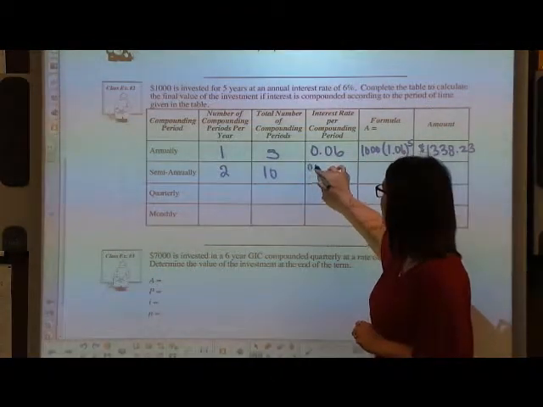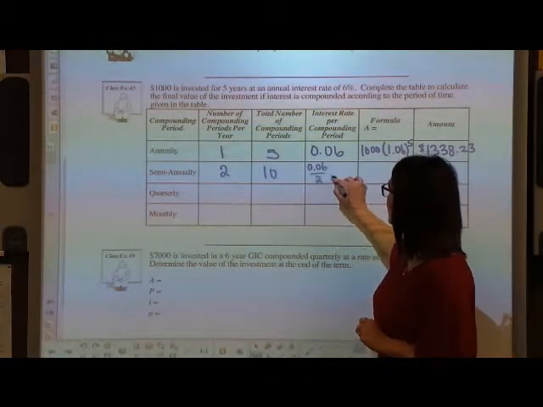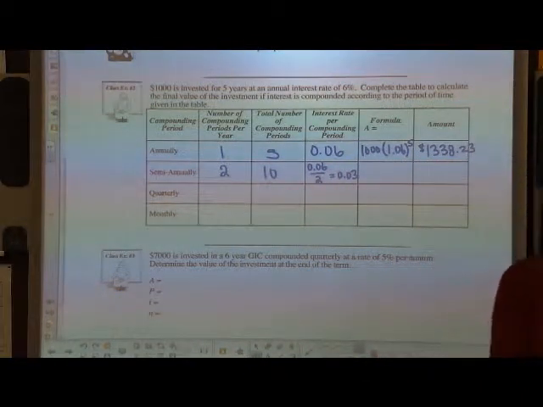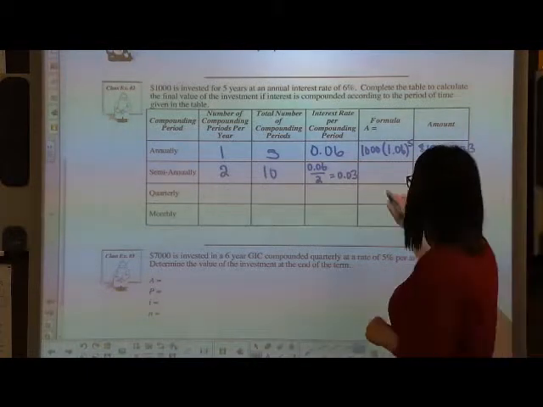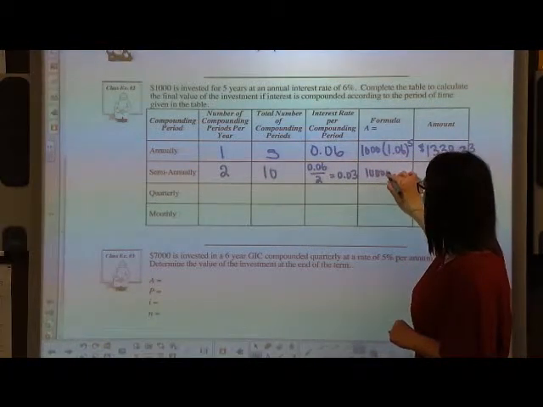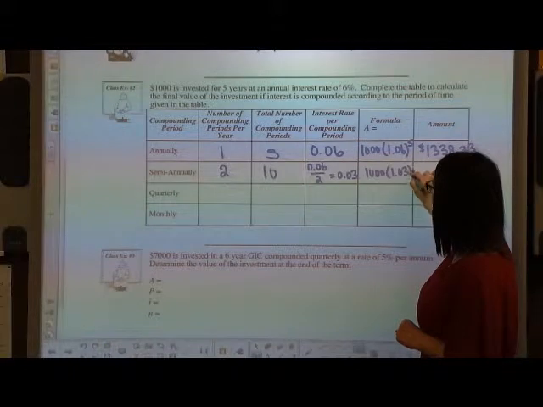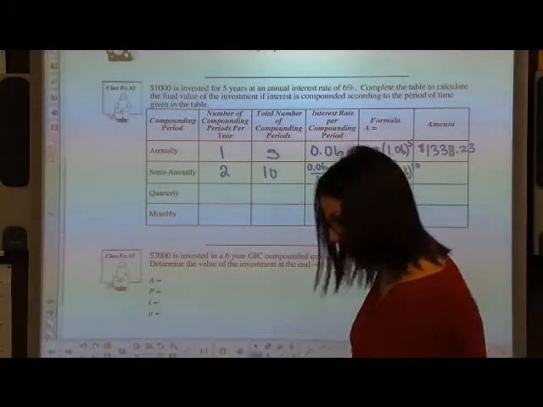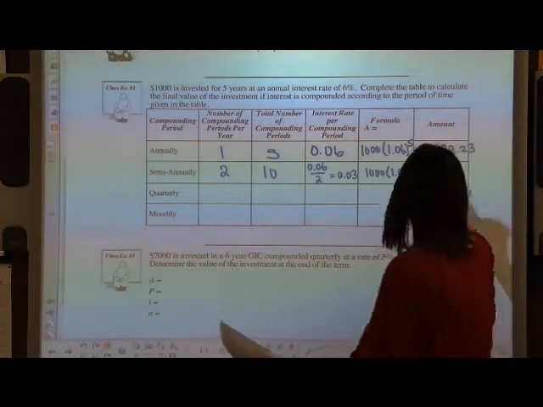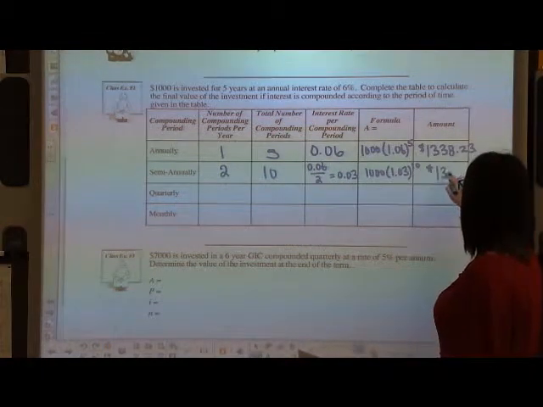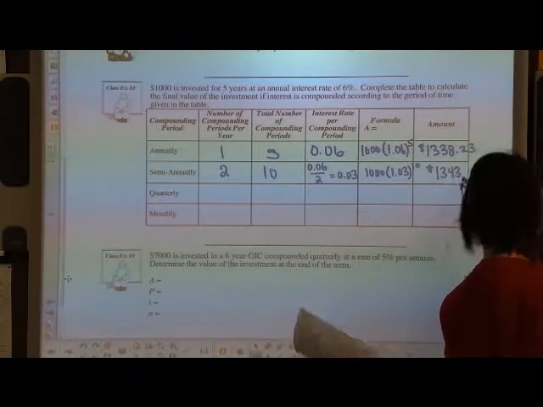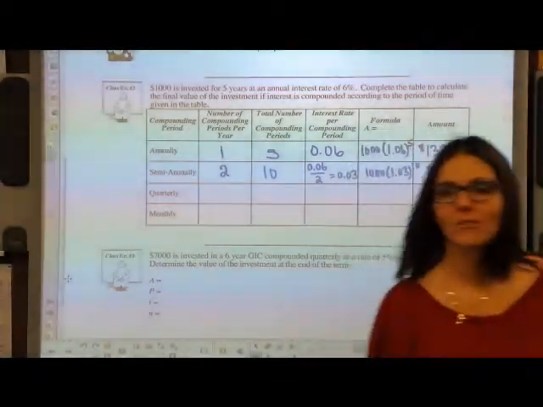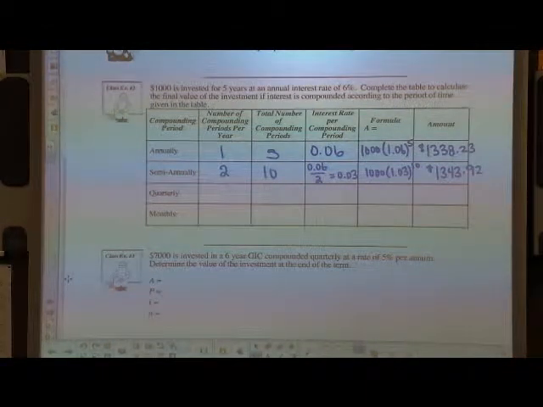So I take my 0.06, divide it by 2, and I get 3% per compounding period. Now my formula becomes 1,000 times 1.03 to the power of 10, and I get $1,343.92. What I want you to do is the next 2 rows.